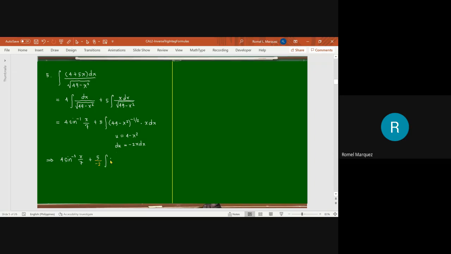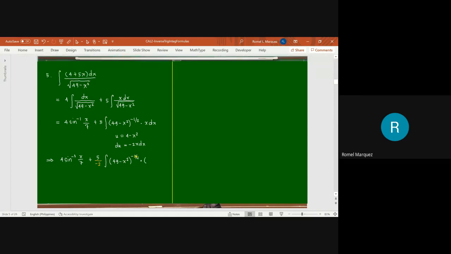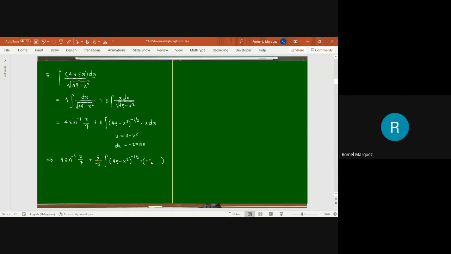Integral of 49 minus x squared quantity to the negative 1 half, u to the n. Let's complete the du. To complete the du, we have to multiply by negative what? Negative 2, no? So let's multiply by negative 2.